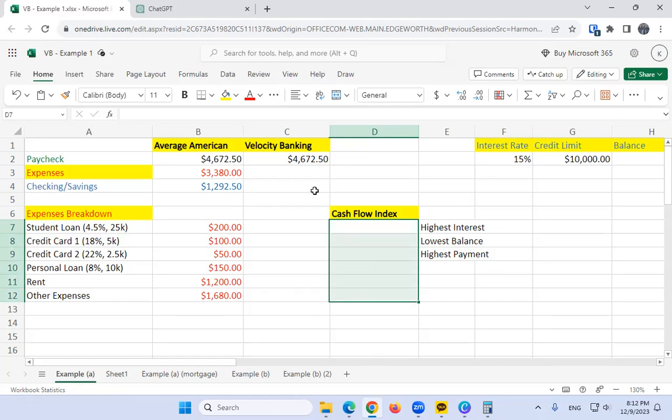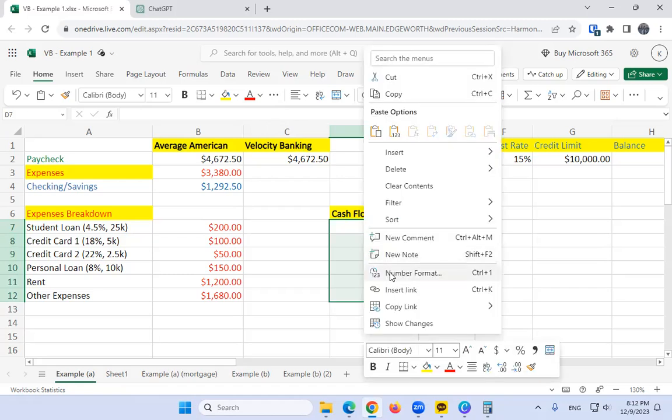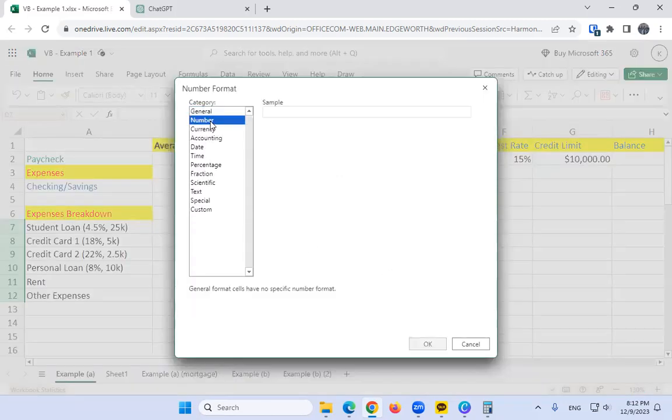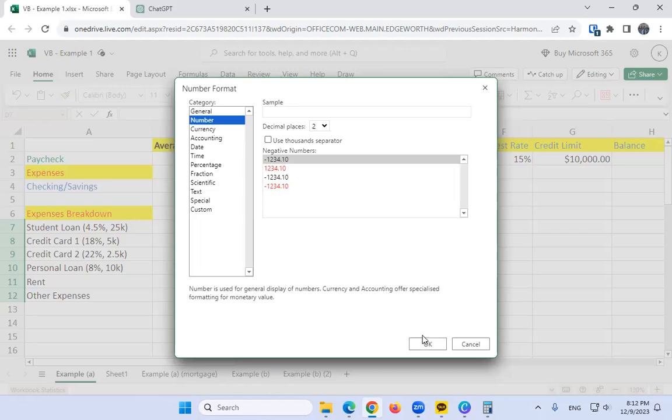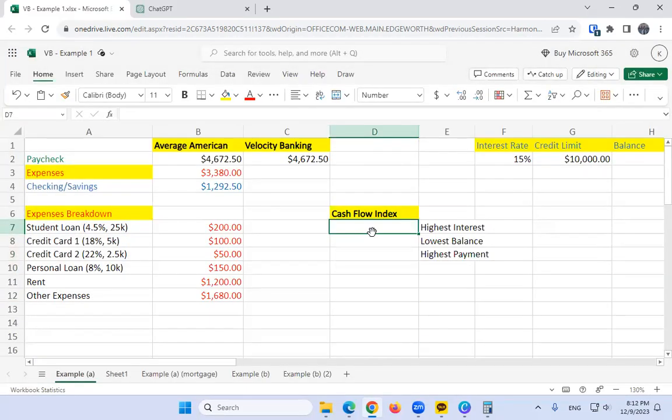So give me one second and let me format this so that it looks a little bit spiffier, so that it's two decimal places. Okay, great. So the balance is 25,000 divided by 200, which is the payment. So that's 125.